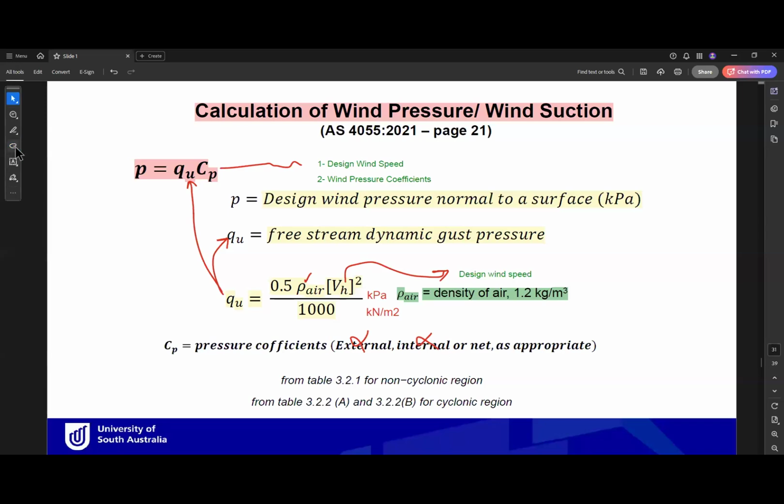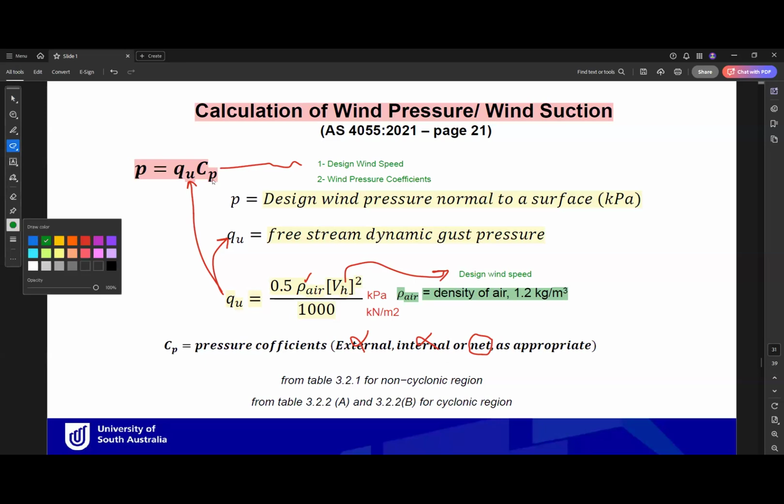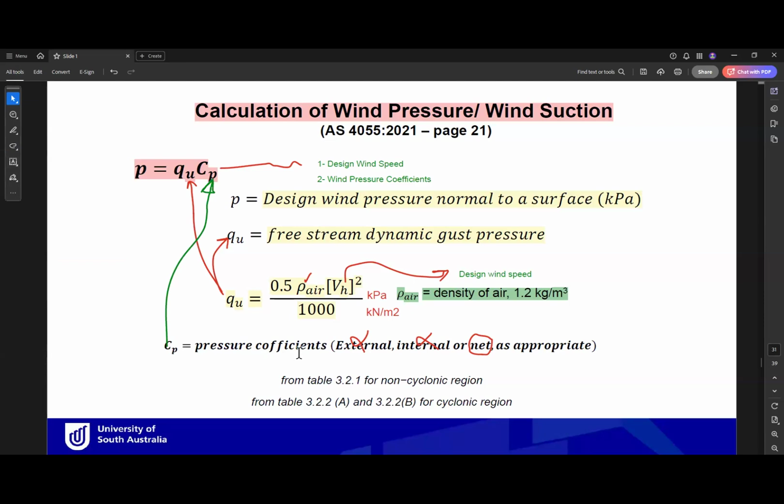So in your project and in this course, you will be only focusing on net pressure. So C_p in this formula is the pressure coefficient we found earlier. C_p is known for us, design wind speed is known for us, so you can find q_u, then you can find the pressure.